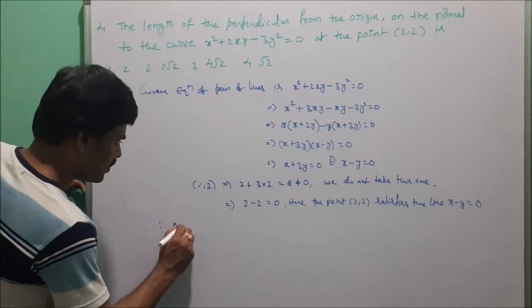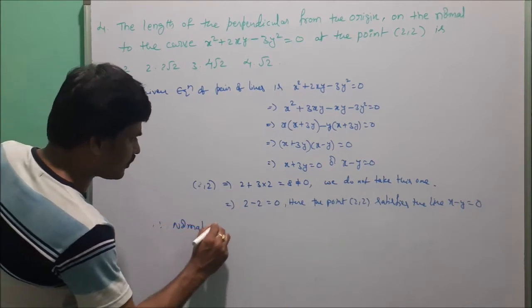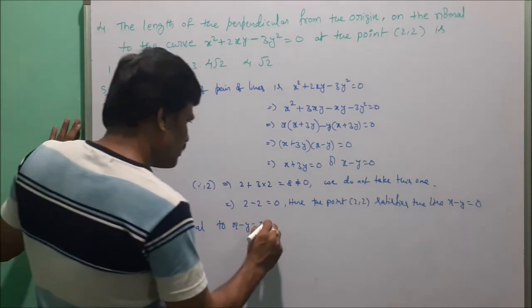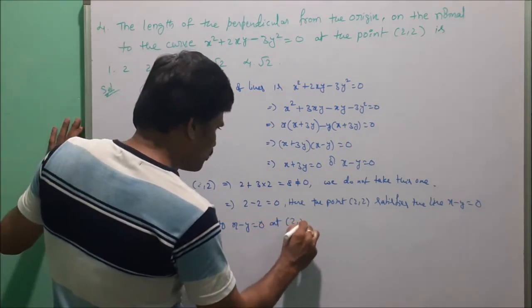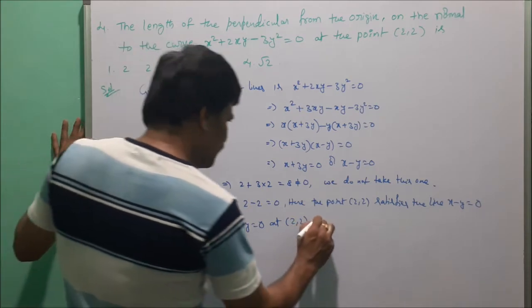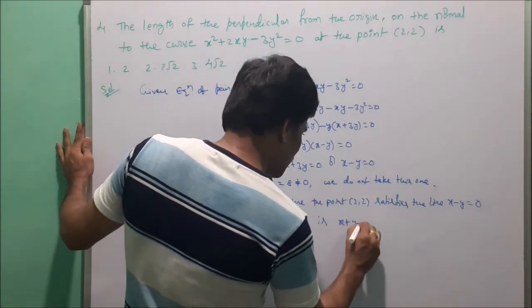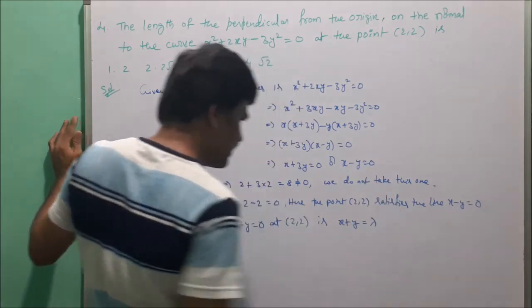Therefore the normal to x minus y equals 0 at (2, 2) is x plus y equals some lambda.